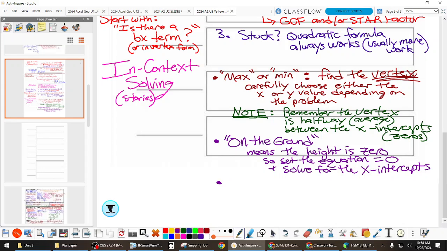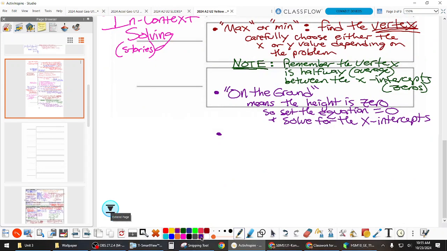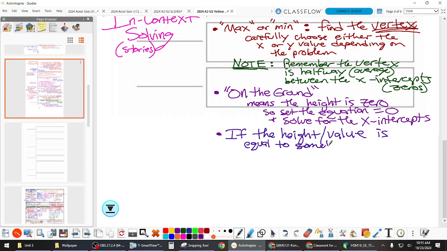One more thing in here. Most of these will be height kind of problems, but it could be something like a monetary value if we're doing some money situation. So if the height or value is equal to something other than 0, what do we do?